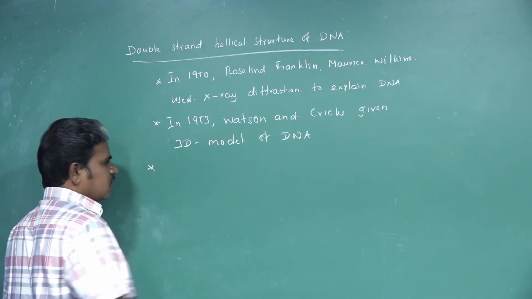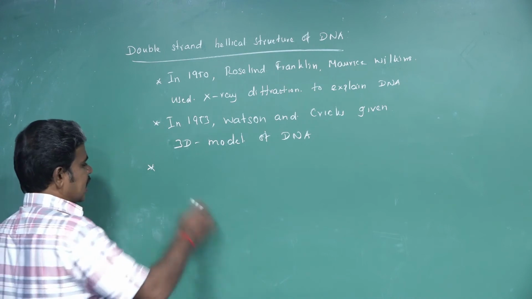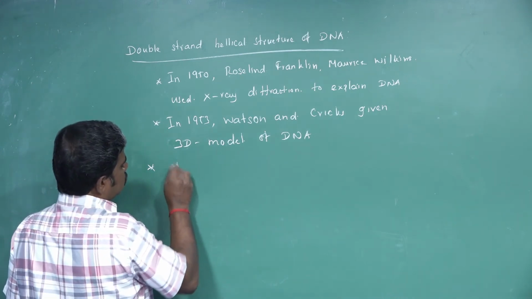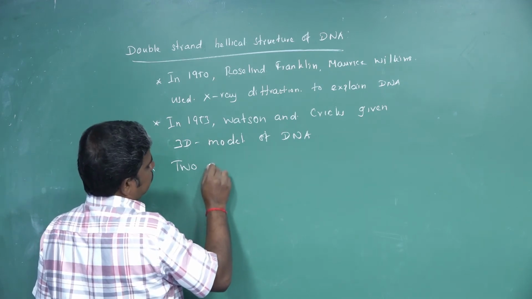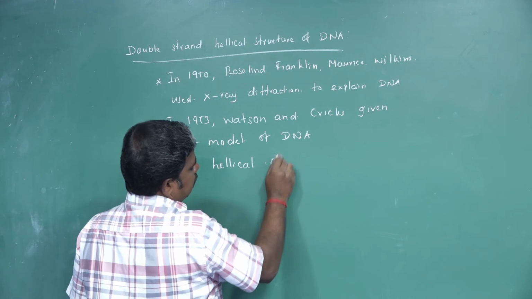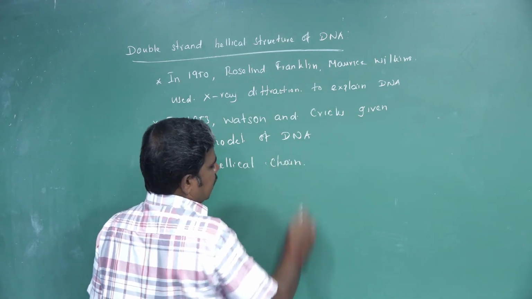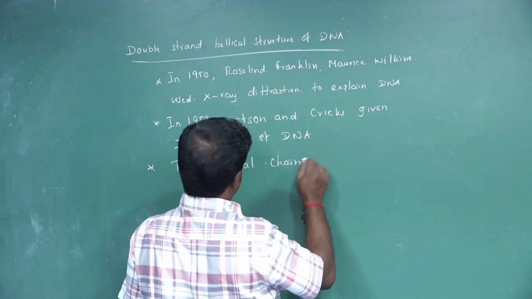And in the three-dimensional model of DNA, it consists of two helical chains, attached as a right-handed double helix.